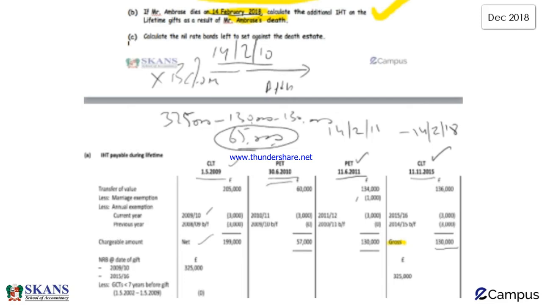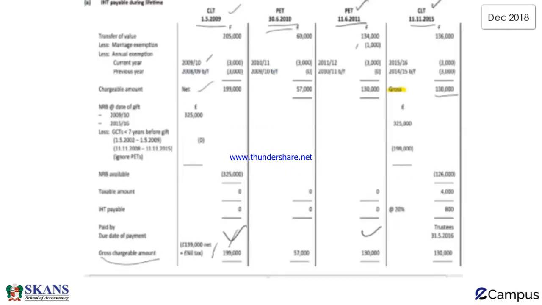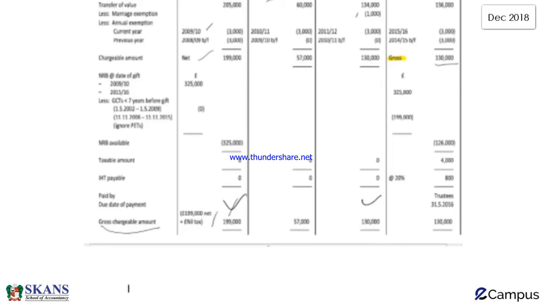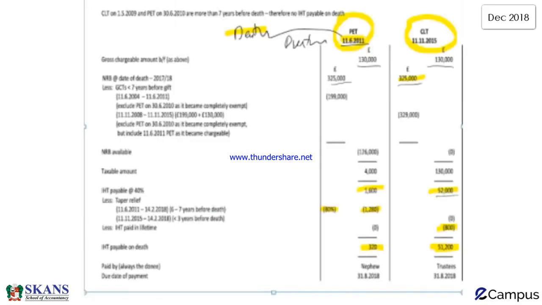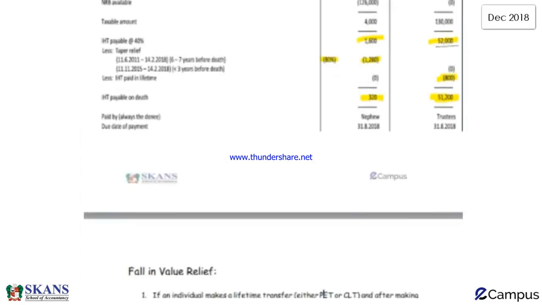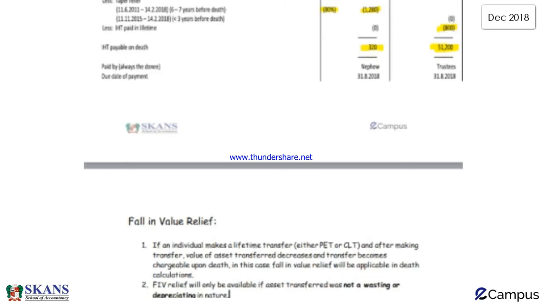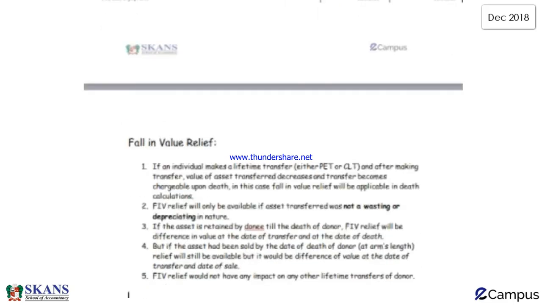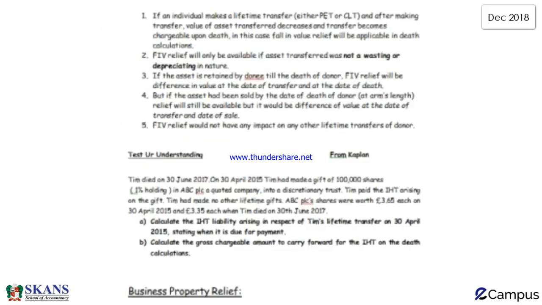So, after completing this example, we can easily say we are now able to calculate lifetime taxes on lifetime transfers as well as death taxes on lifetime transfers.